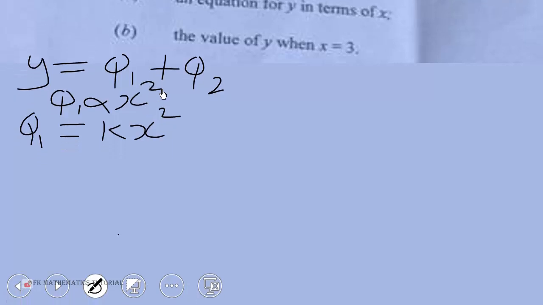Recall that in variation, you introduce the constant of variation. We have another relation: q2 varies inversely as x. So q2 will be equal to k over x.